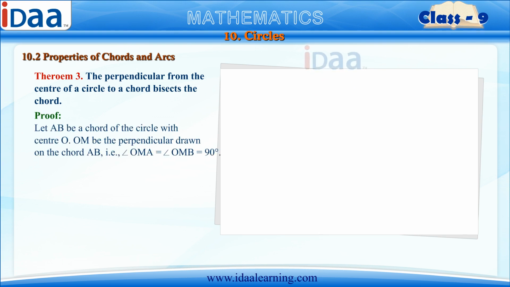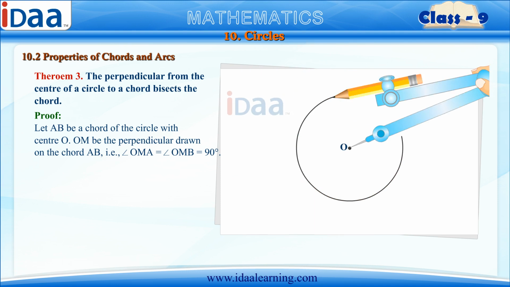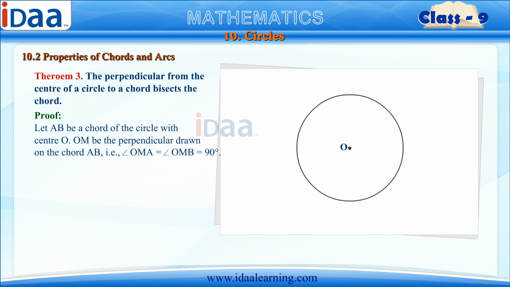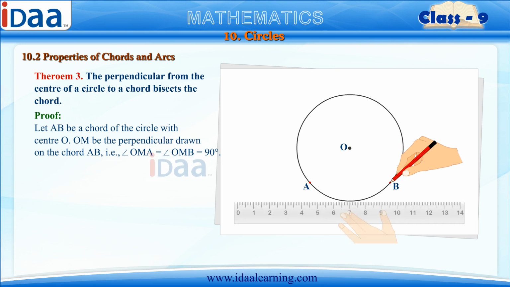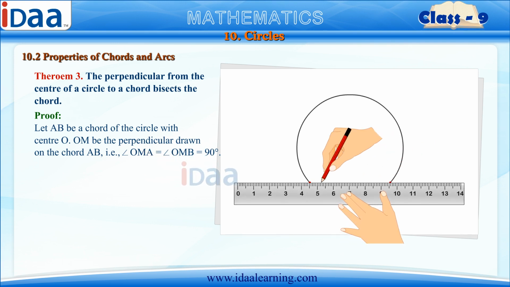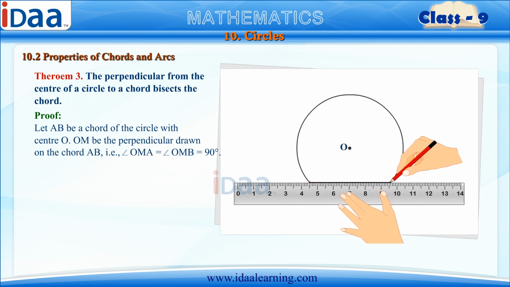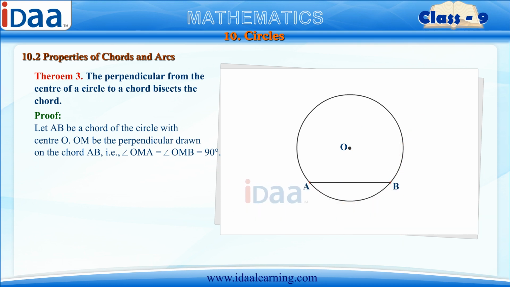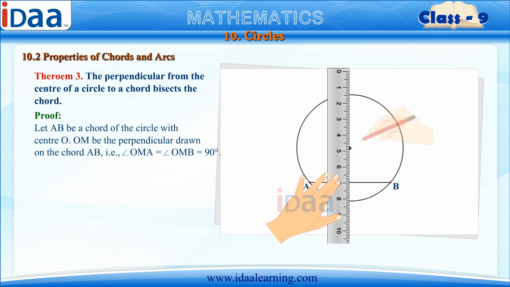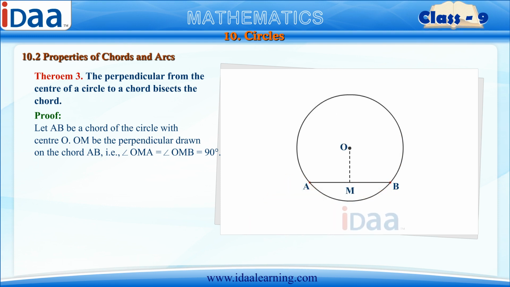Let AB be a chord of the circle with center O. OM be the perpendicular drawn on the chord AB. We shall prove that chord AM is equal to chord BM.